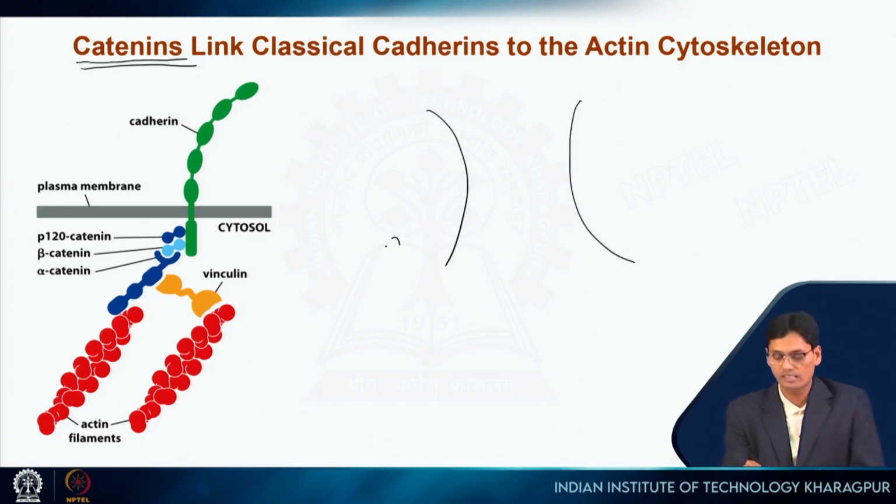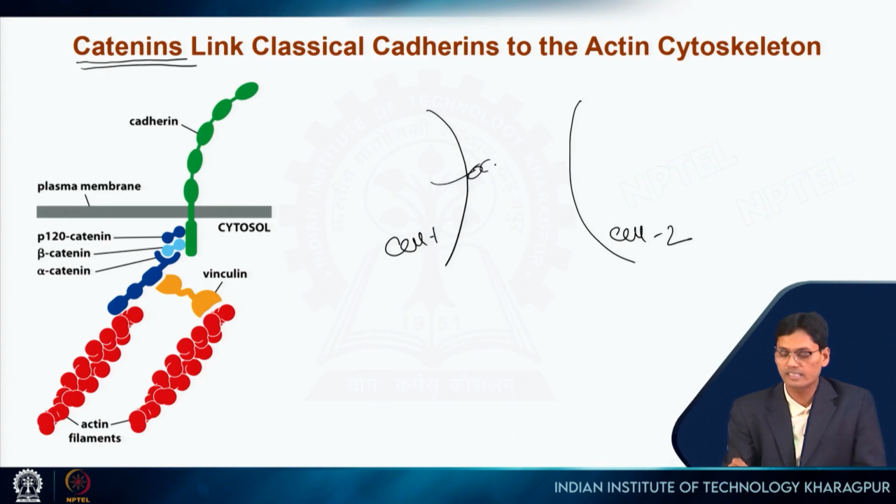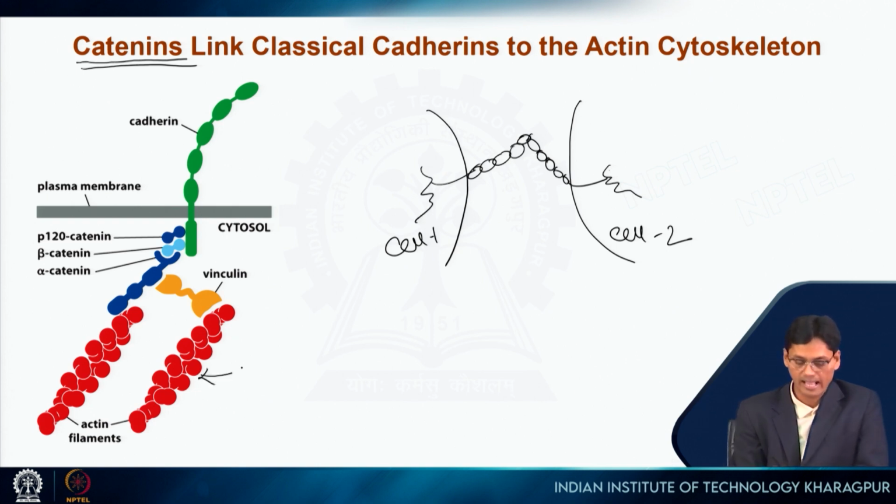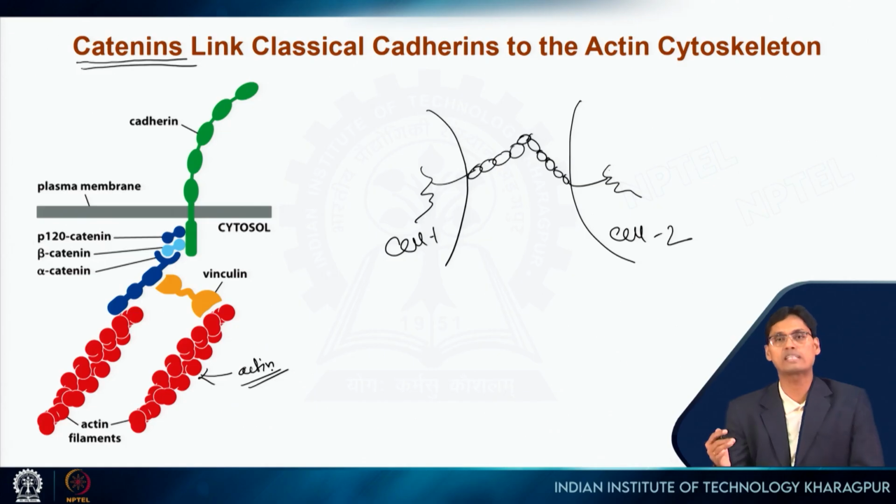So this is cell 1 and cell 2, and if this is one cadherin and this is another cadherin, they actually interact with the actin cytoskeleton here. As you can see, this is actin, and the cadherin cannot directly bind to the actin cytoskeleton.